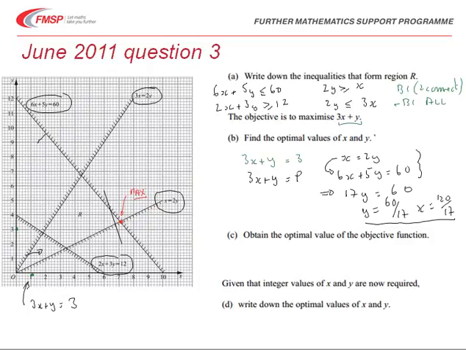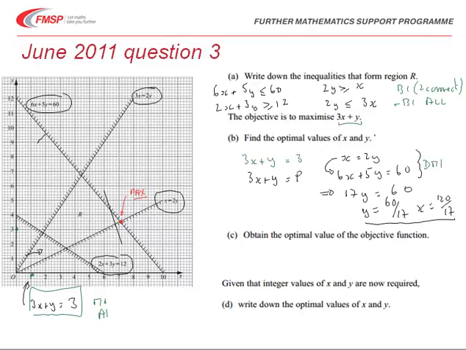The marking for this part of the question was a method mark and an A mark, answer or accuracy mark, for putting in a line on the diagram in the first place, and then what's called a dependent method mark.